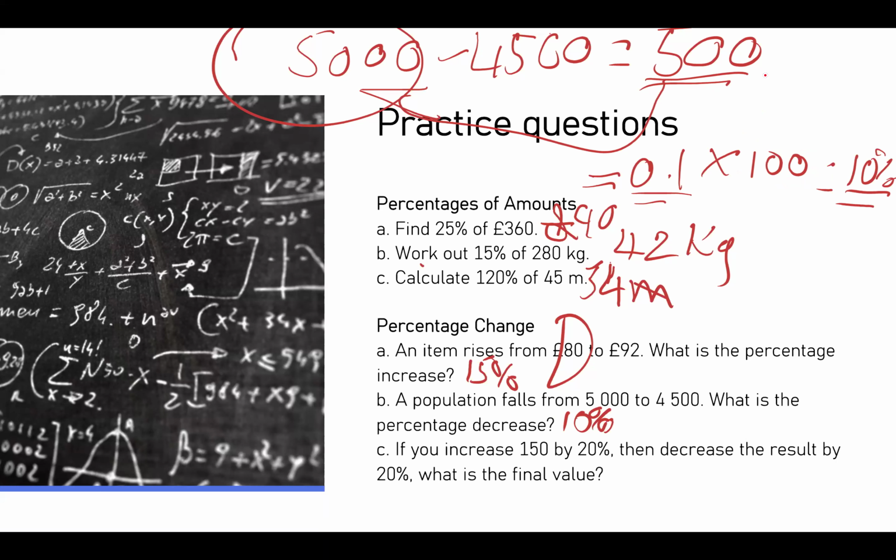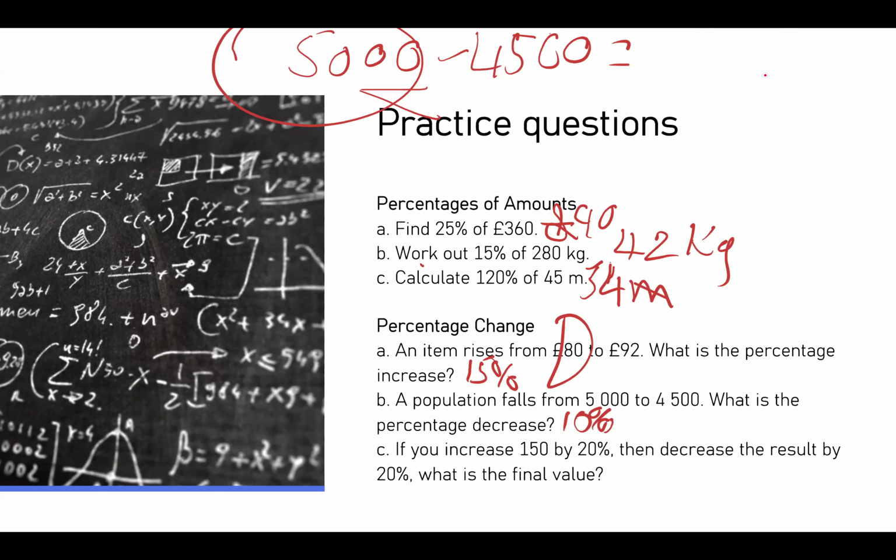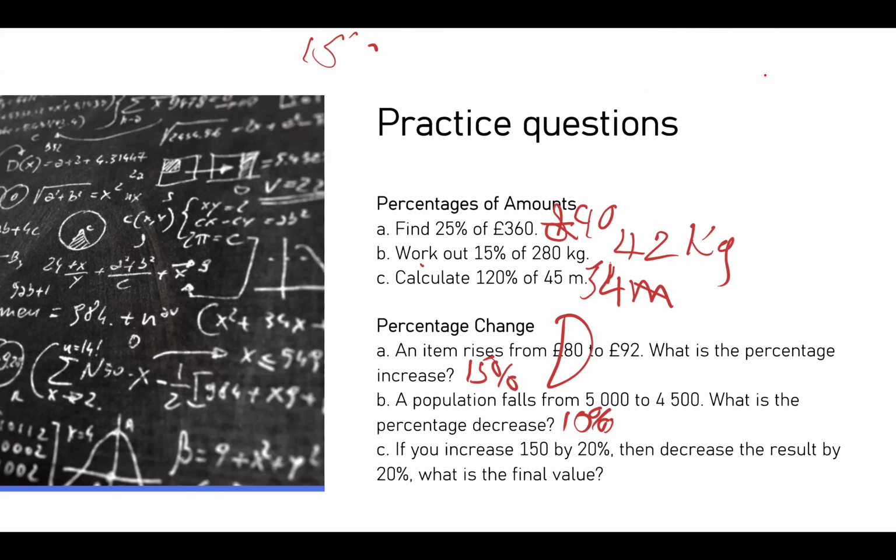If you increase 100 by 20%, then decrease the result by 20%, what is the final value? Right, so for this, we would increase it by 20%, so 150.